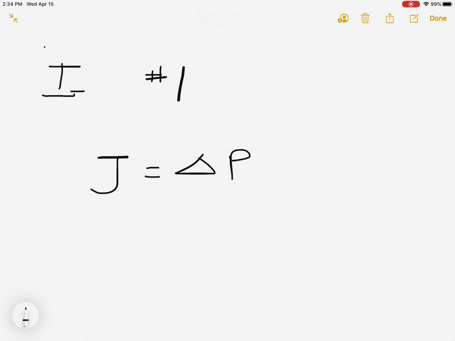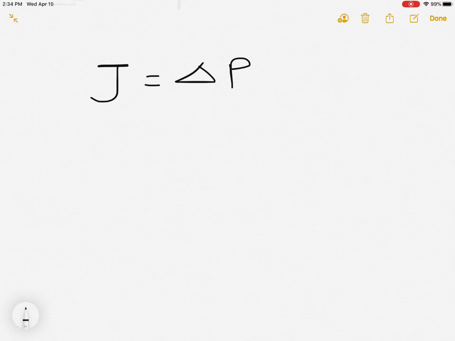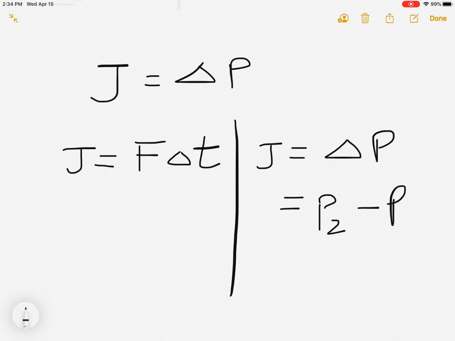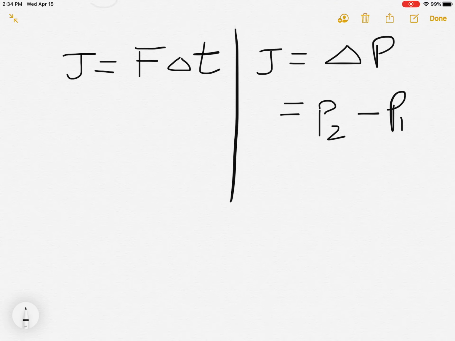You're calculating impulse, J, which is equal to the change in momentum. There are two ways you can do this. You can either use the formula J equals F delta t, the force applied times how much the time changes, or you can realize that impulse is also just delta P, which is equal to P2 minus P1.